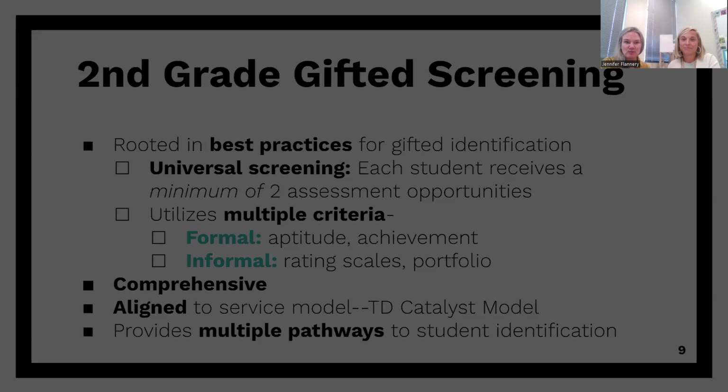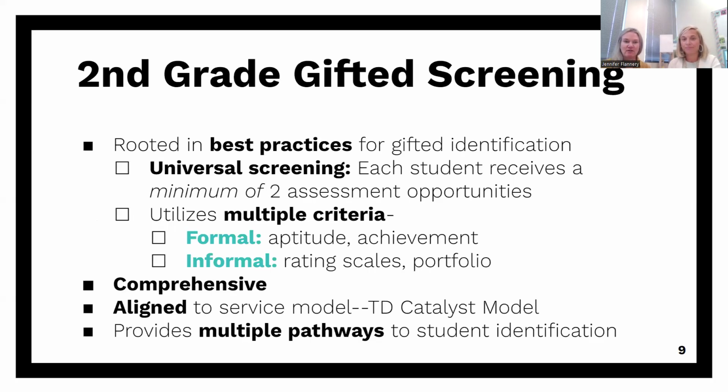All right, so here's our screening process. Every single second grader in all of CMS goes through the screening process. We make sure that we're rooted in the best practices for the identification. We do a universal screening, and that's always going to be made up of at least 2 assessment opportunities.